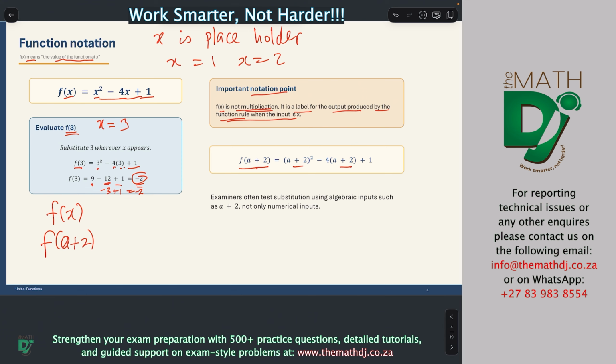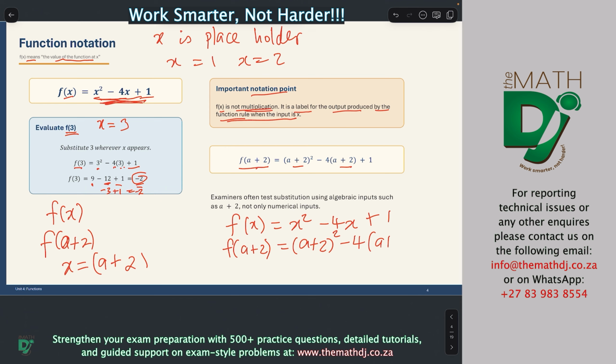It just means we are saying x is equal to a + 2. So when we take this a + 2 and put it in the function, f(x) = x squared minus 4x plus 1, then f(a + 2) means (a + 2) in brackets squared minus 4 times (a + 2) in brackets plus 1. So that's how we get here.